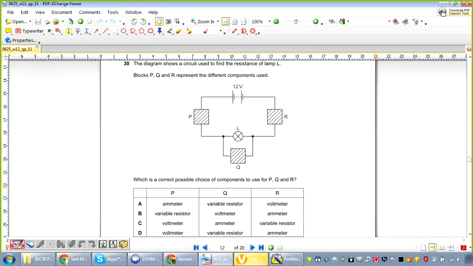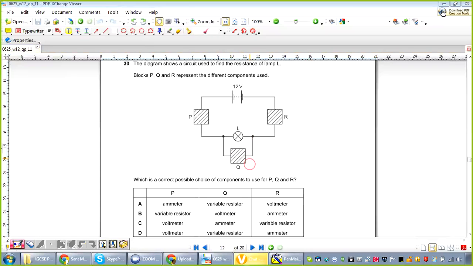See, there is 1 second. The diagram shows a circuit used to find the resistance of lamp L. Okay, now this Q which is there has to be a voltmeter, because this is connected across.